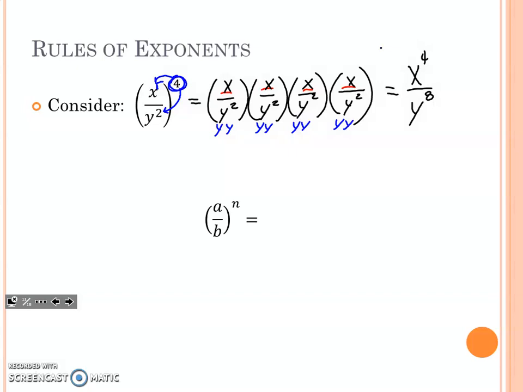Okay, so basically what we're saying is that if you have an a over b to the n power, that n goes to the top of the fraction as well as the bottom of the fraction. That becomes an a to the n over a b to the n. And that is our distributive property for a fraction. There's really not a fancy name for that one either.